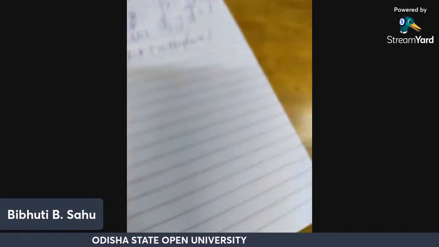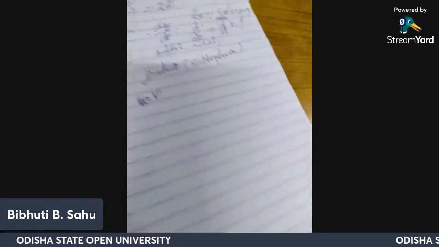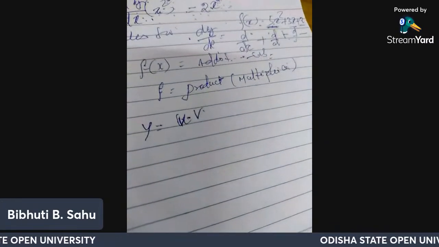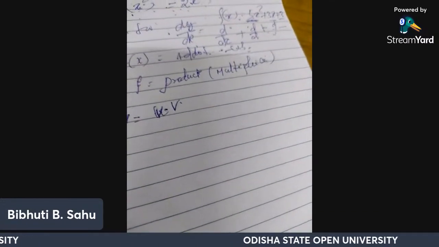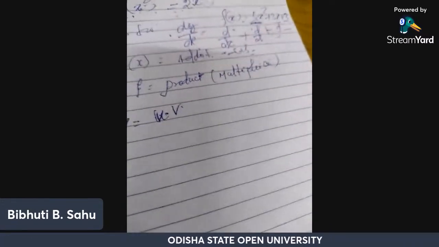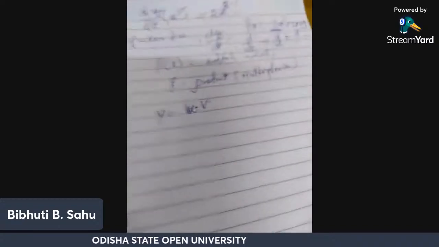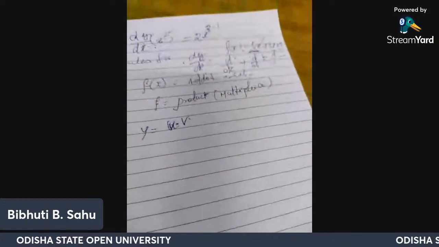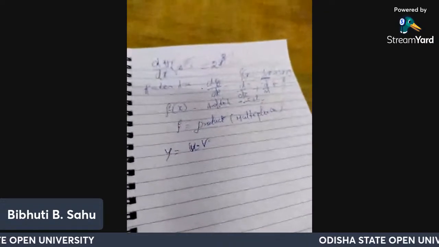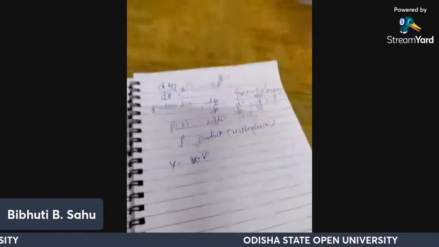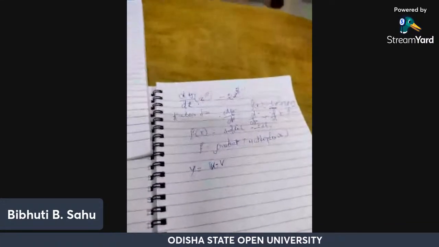In that case, we can find the derivative, or the differential coefficient, by applying the rule u dv by dx plus v du by dx.